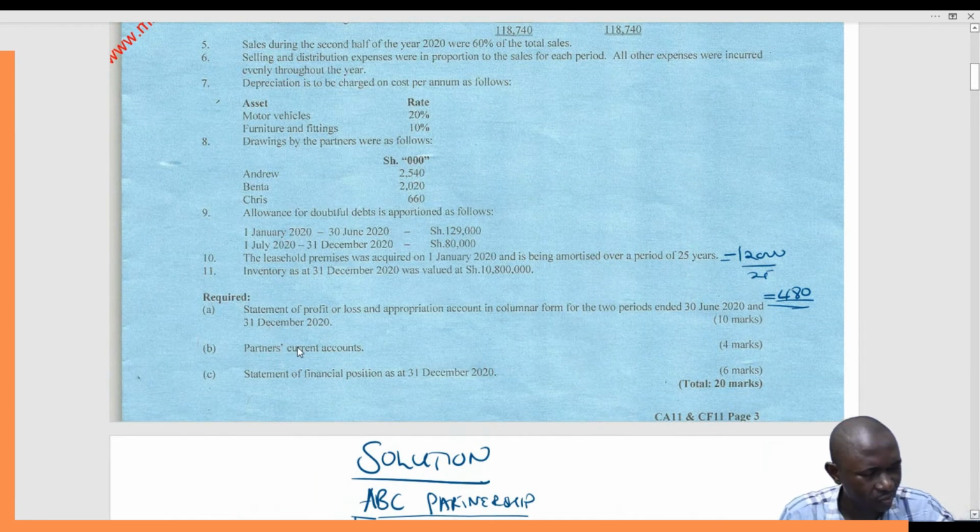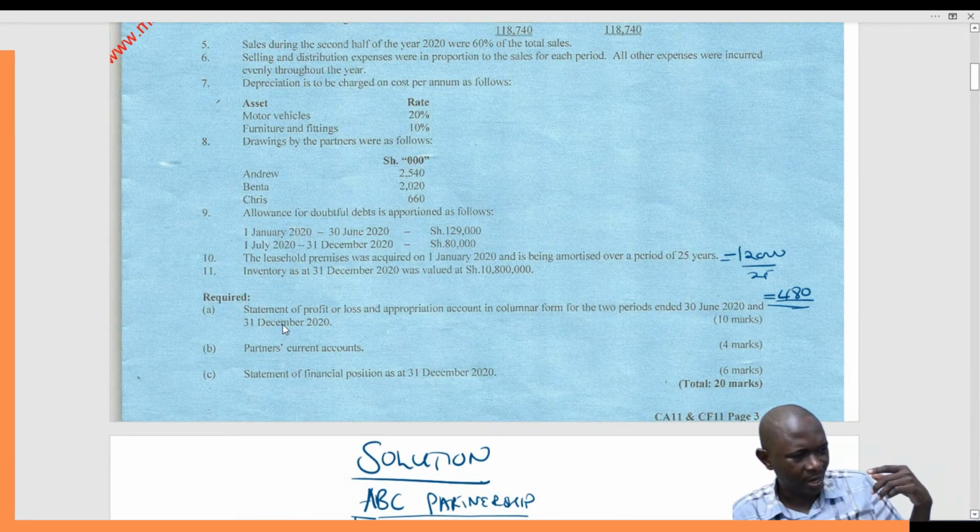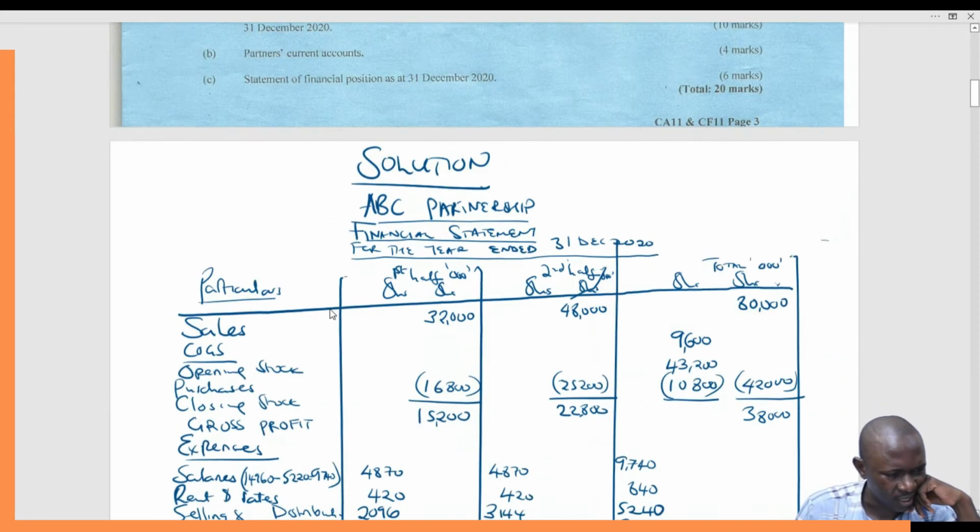We need to have our capital account worked. So allow me to just come here and do a capital account schedule, because we will need some figures from the capital account, especially when you are calculating the interest on capital. So this capital account is very important at this stage.